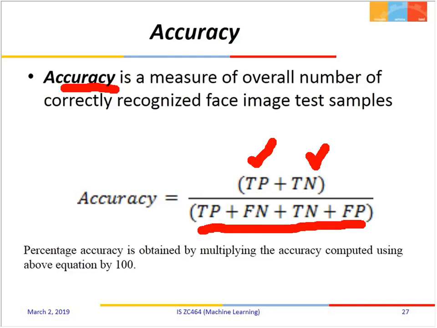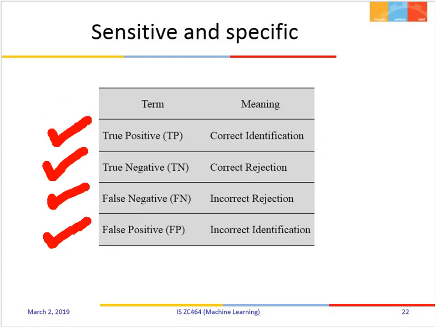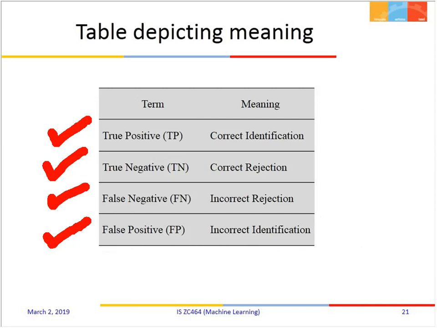True negative is not referring to authorized. True negative refers to the imposter getting rejected. I can show you that table again to recall these terms. So what is true negative? It is the correct rejection. An imposter needs to be rejected. It is the correct rejection.